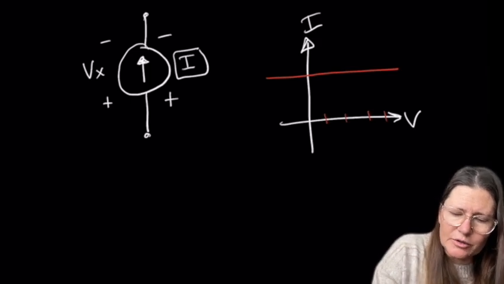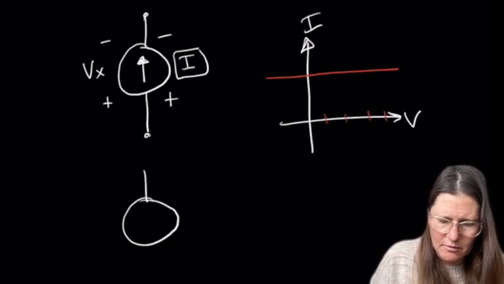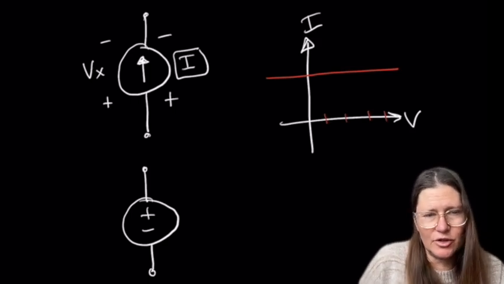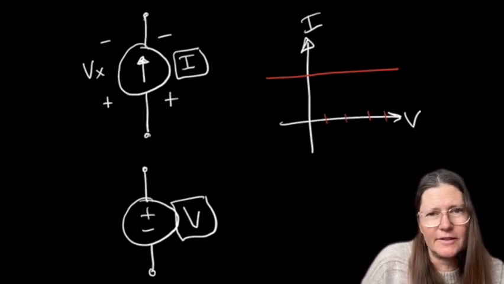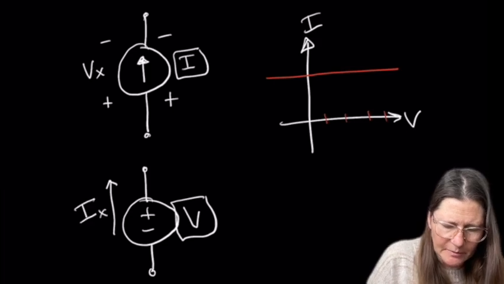For a voltage source, on the other hand, the polarity is fixed by the plus and the minus directions. Your voltage is going to be the fixed value, and then your current is what can vary on here.